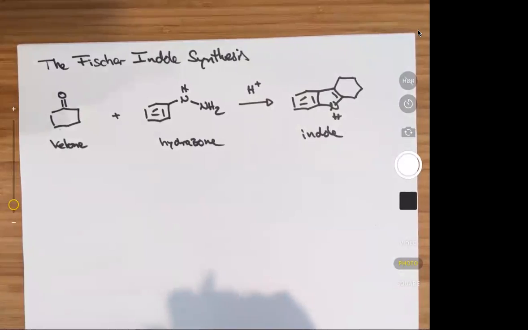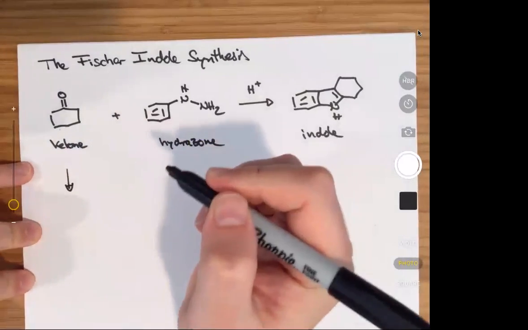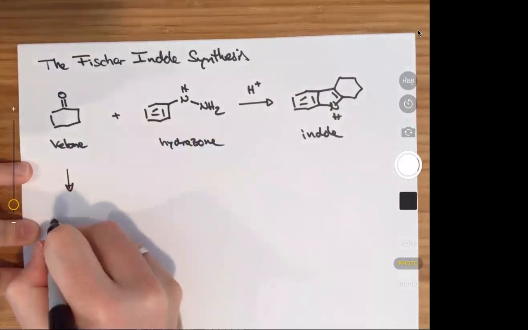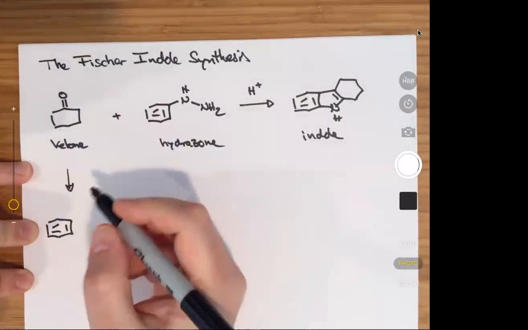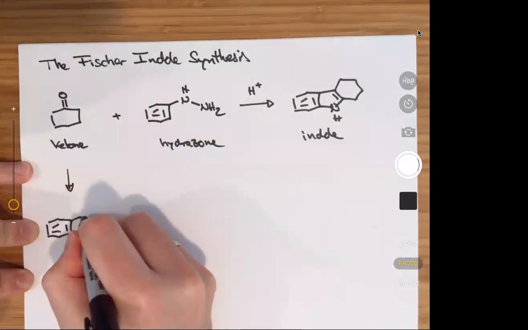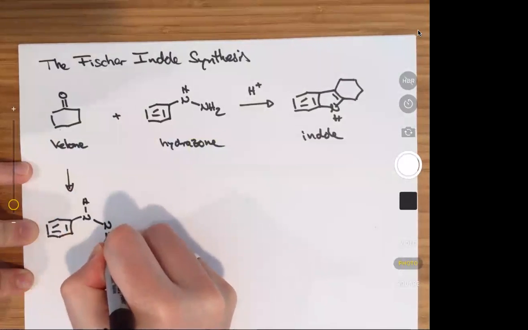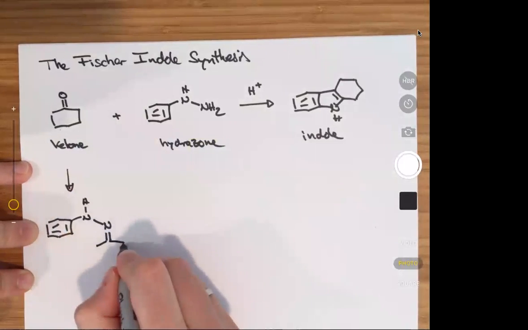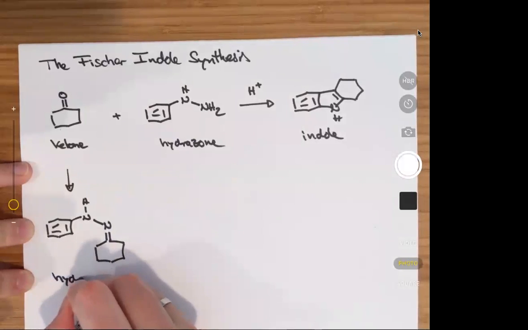So this first step is pretty simple. So this is essentially just a condensation reaction. So if I take the ketone and react it with the hydrazine, I get a hydrazone. So NH, and then the ketone reacted and condensed here under extrusion of water, and that's our hydrazone.